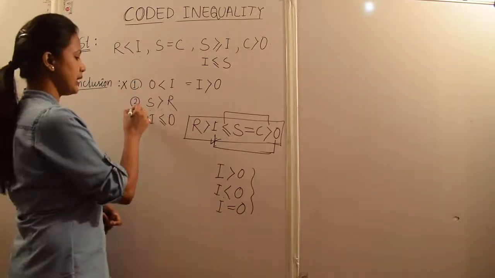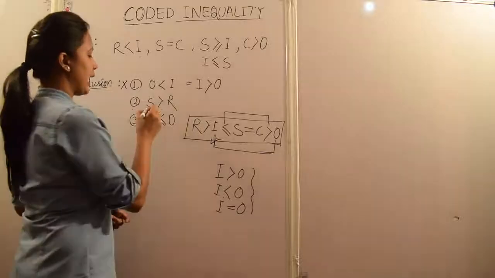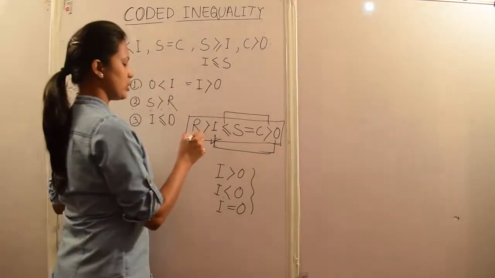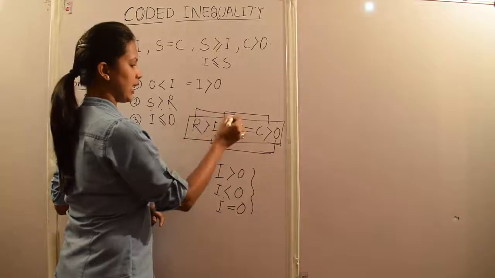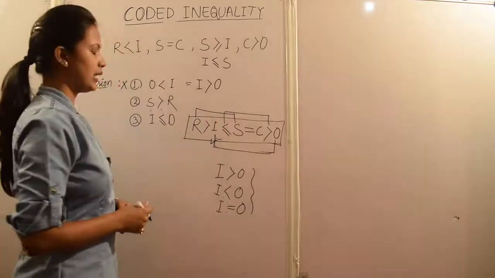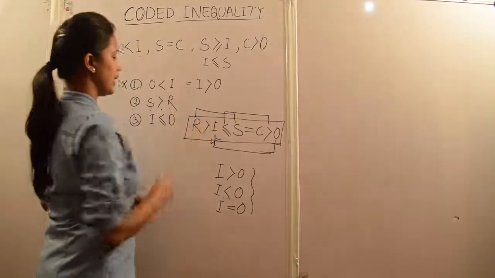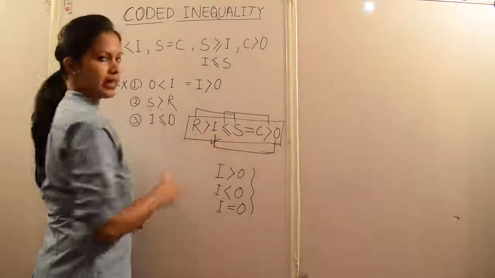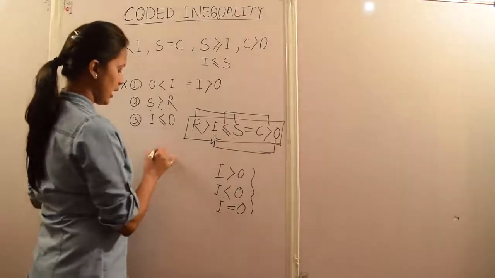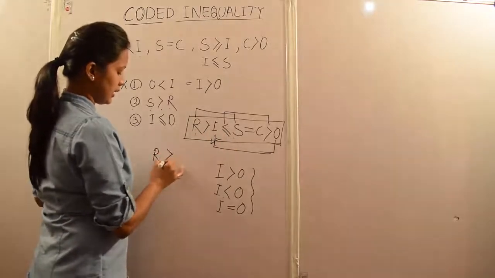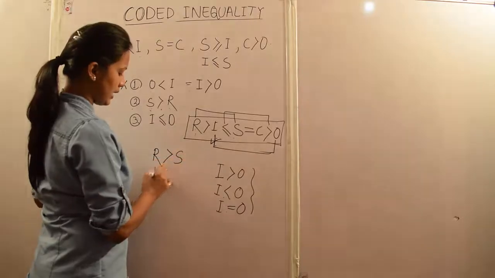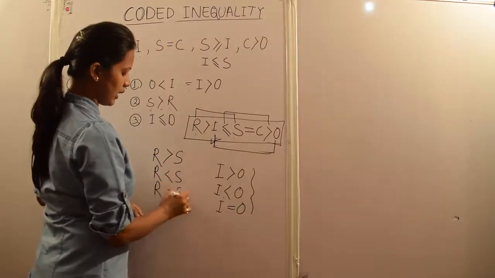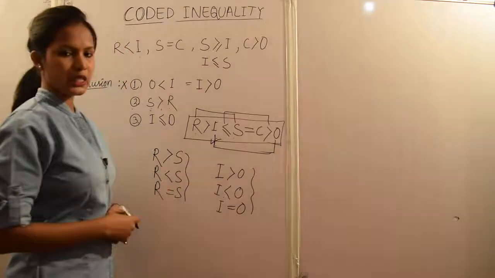So coming to the second conclusion. It is given S is greater than R. Here the comparison is between two variables, that is R and S. Here also you can say there are dissimilar inequalities between these two variables. That means R is greater than S, R is less than S, or R is equal to S. These three are possible.